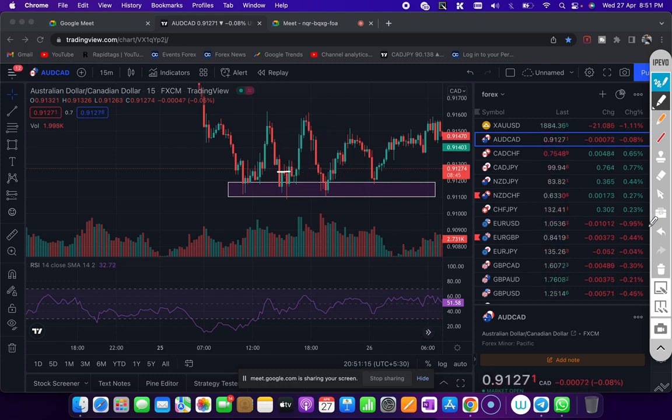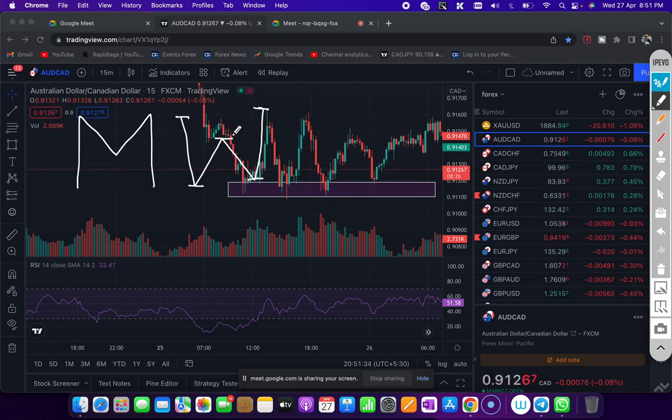If you buy, keep in mind that if the neckline of the double top or double bottom is larger than half of the leg, the first target is the neckline.